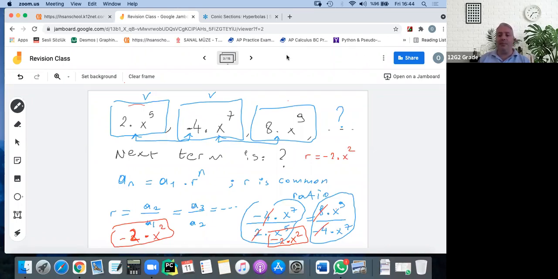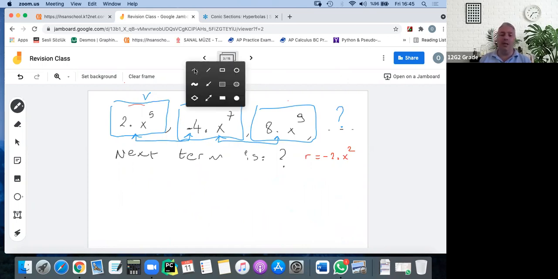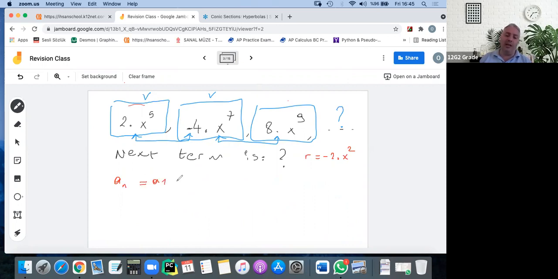Now, let's be careful here. It's a simple thing now. After deciding what r is, you can use the formula. How was the formula? an is equal to a1 times r to the power of n minus 1.